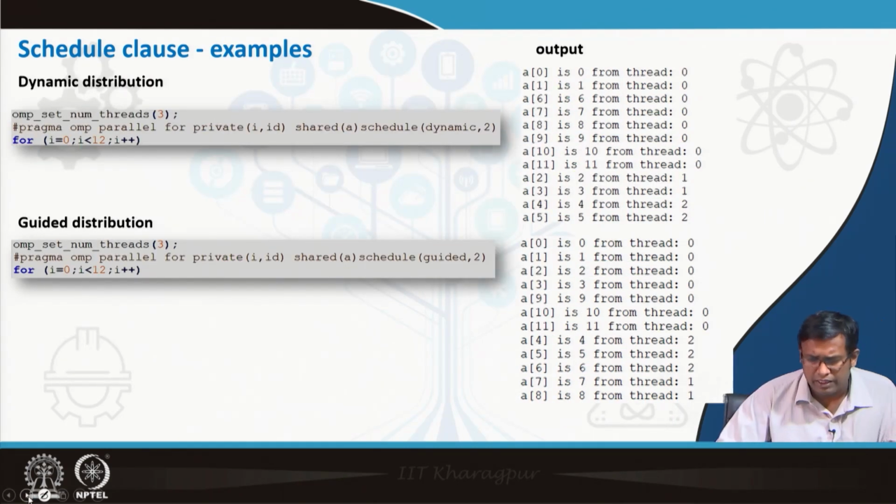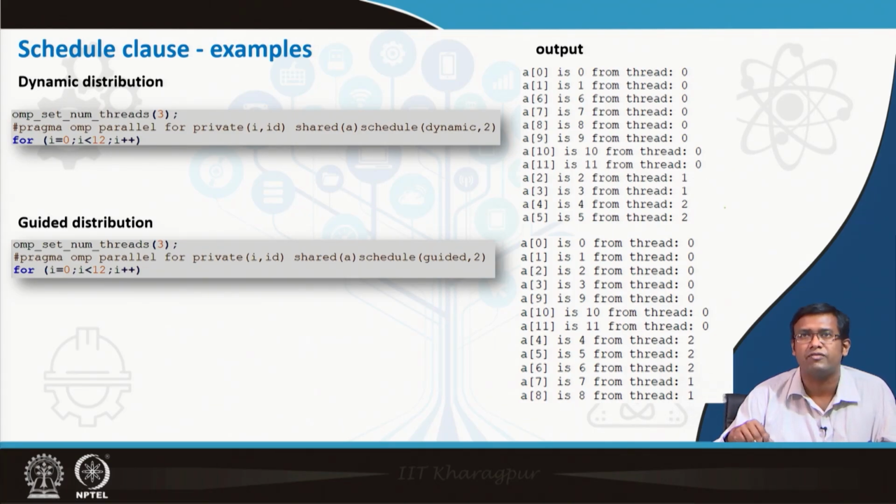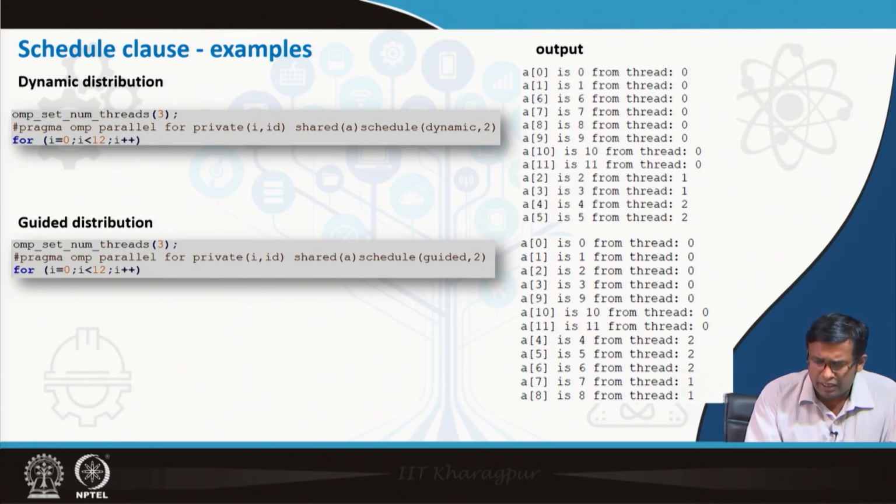Also, we can see the dynamic and guided distribution, that there is actually uneven distribution if we use dynamic and guided, and in guided it is more uneven, in dynamic it is less uneven. They are trying to estimate the loads on different processors and allocating the threads accordingly. And in guided, it makes chunks of 2 and distributes them to different threads.